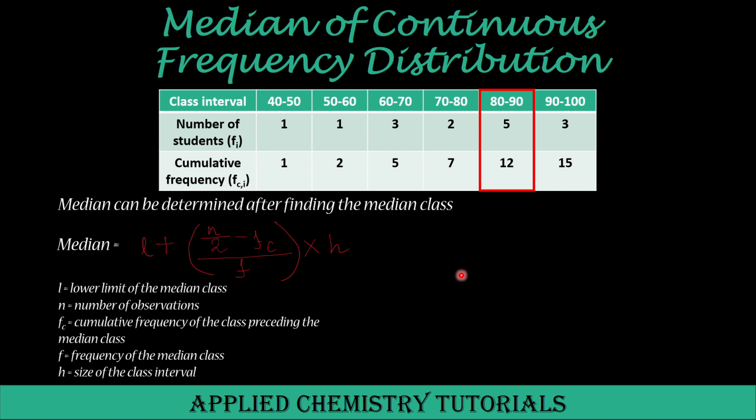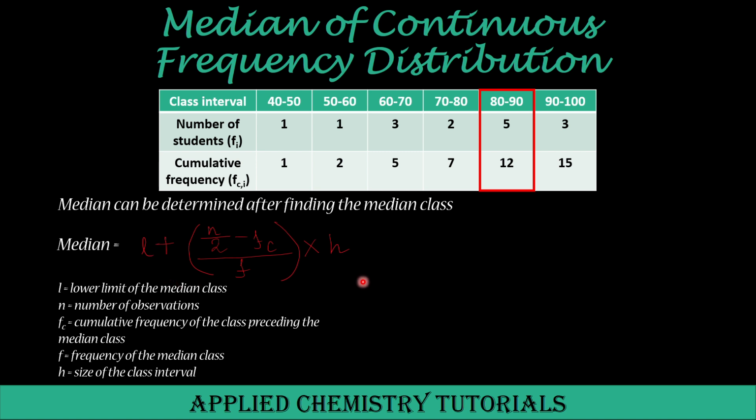So we can calculate the median from the given numbers, but one thing to note here is that the size of the class interval needs to be the same for all of these class intervals. So when you get a large data set, we just need to subdivide it into class intervals having the same size.